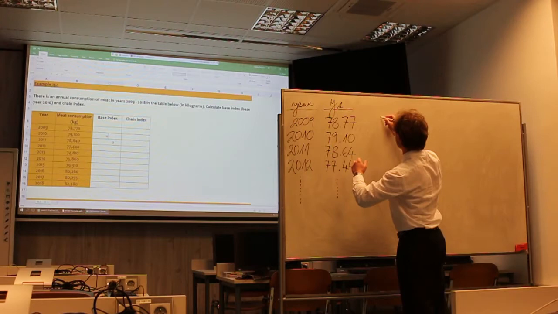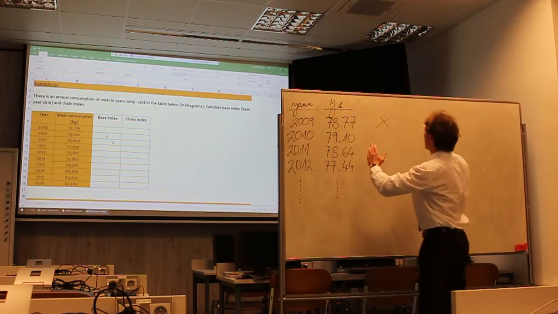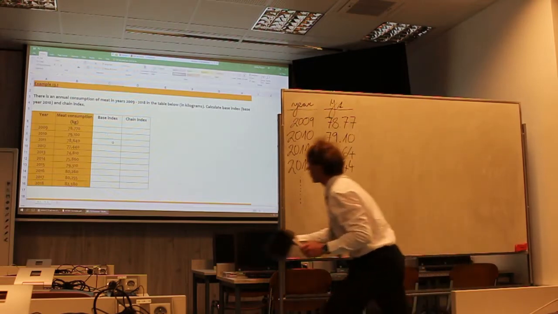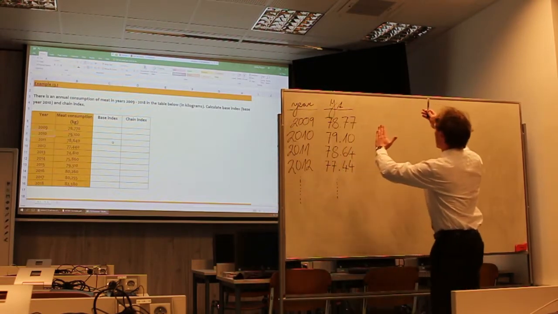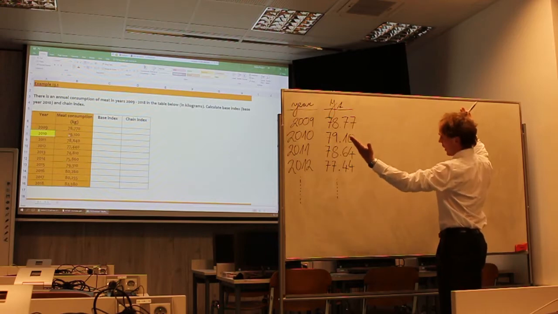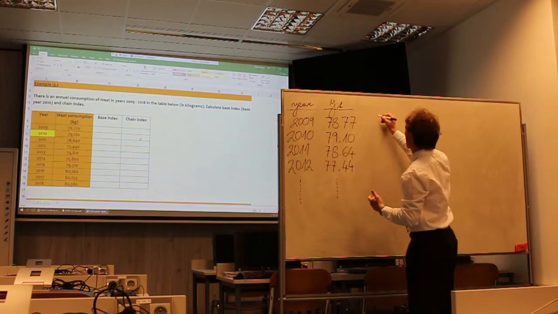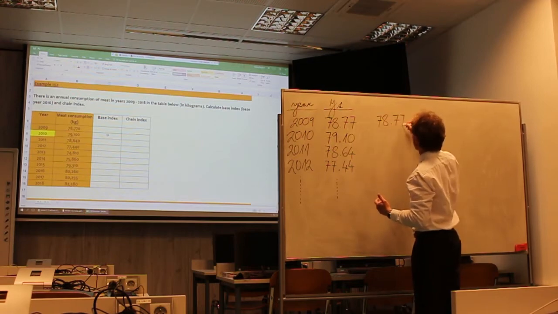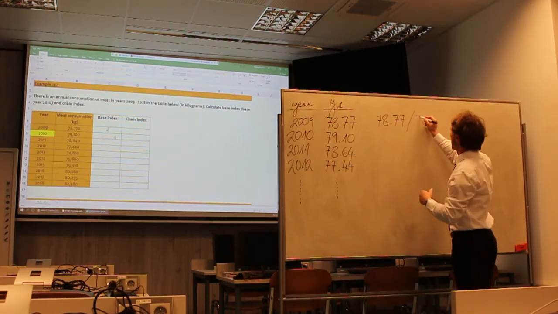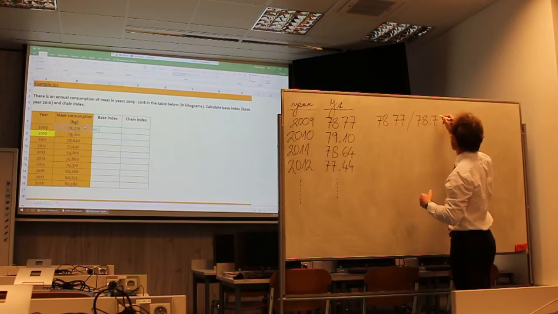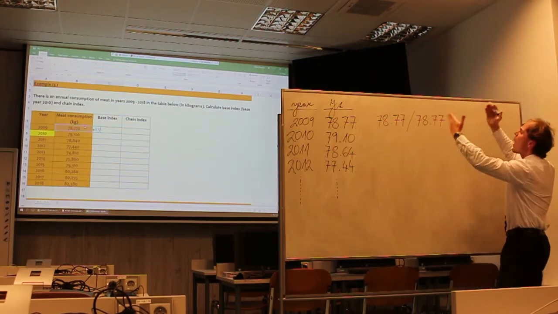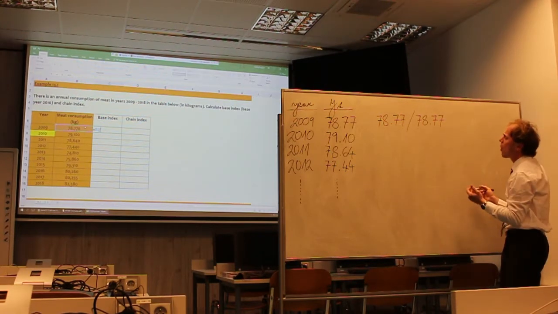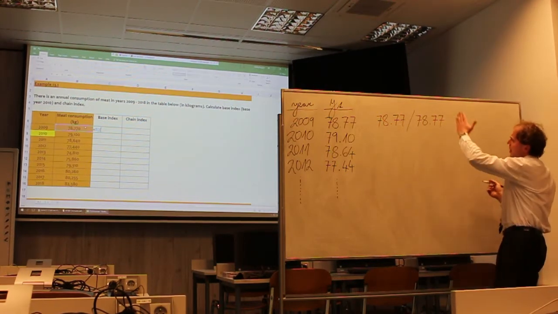So the first observation will be 78.77 divided by 78.77, which is 1, because it is the first observation divided by the first observation.